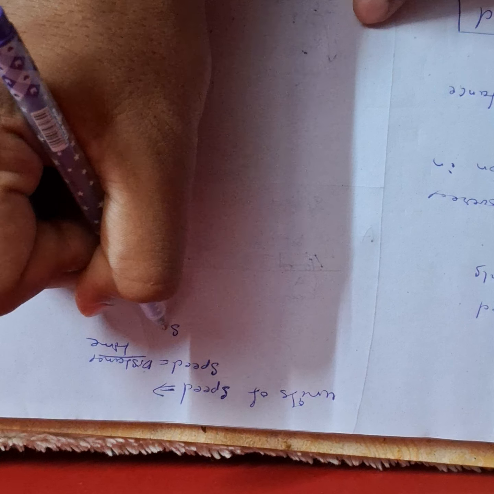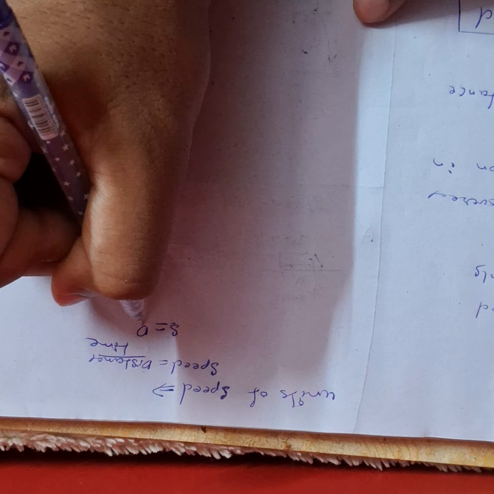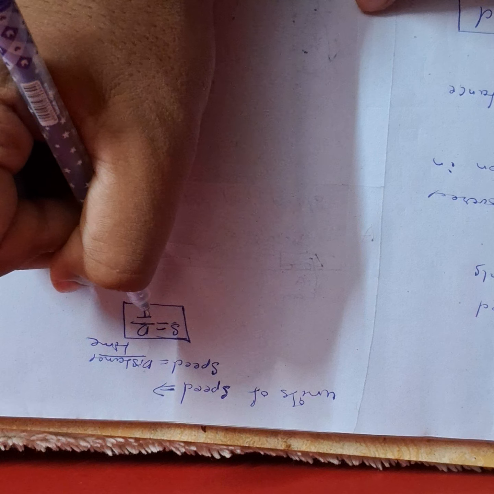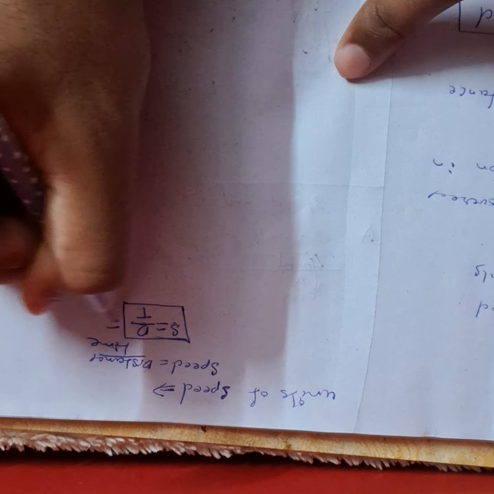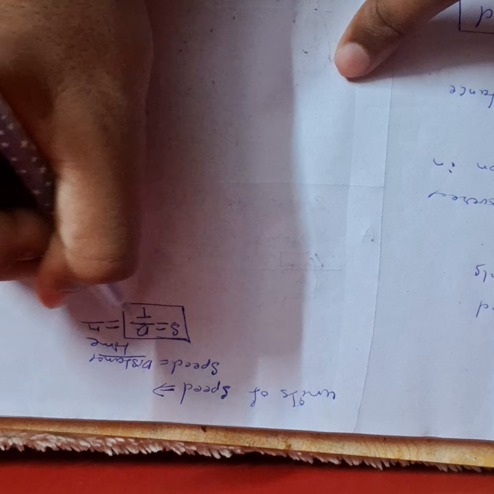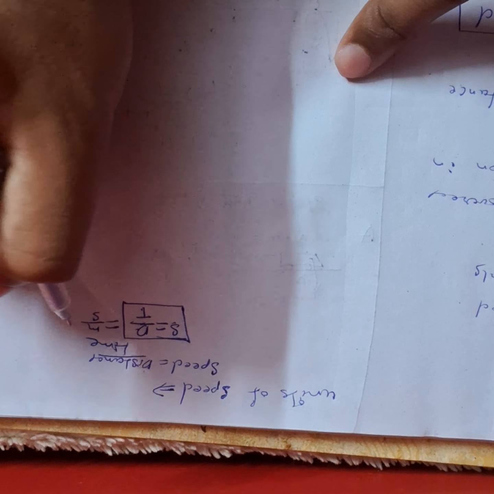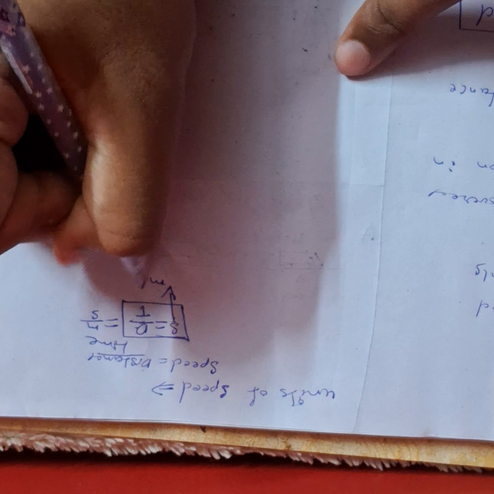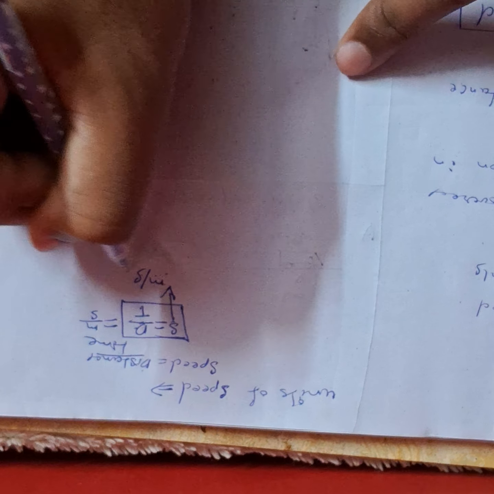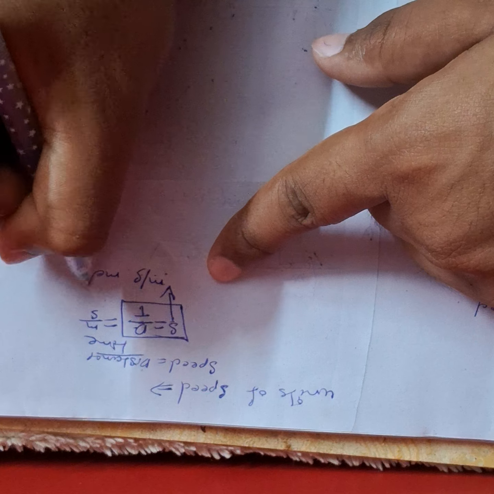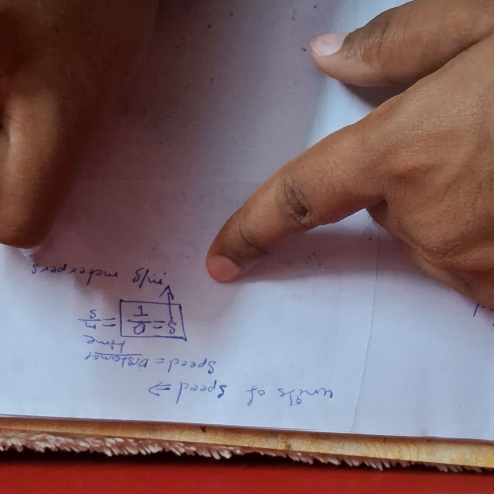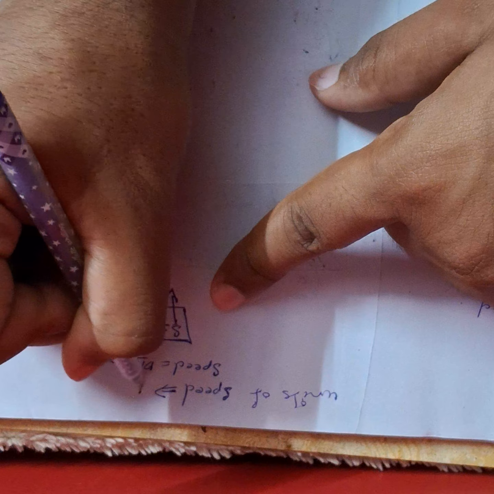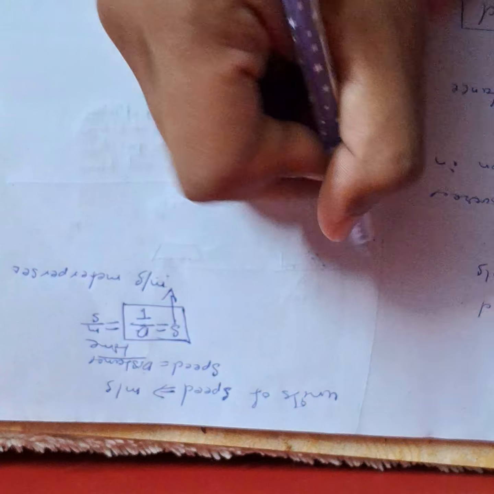It can be remembered by simplifying the terms: S equal to d by t. So what is the unit of d? Meters. What is the unit of time? Second. So the unit of speed will be meter per second, meter by second. So what is the unit of speed? Meter per second.